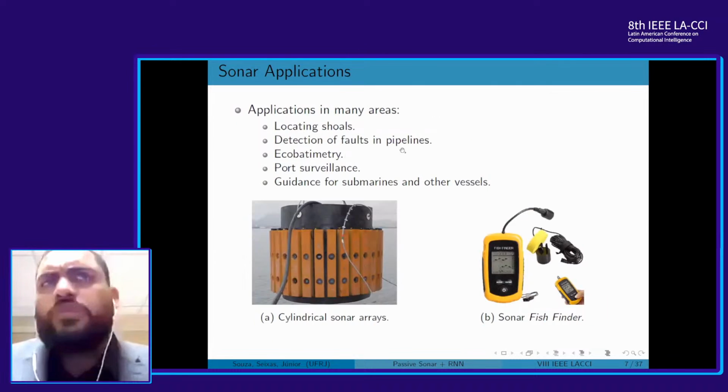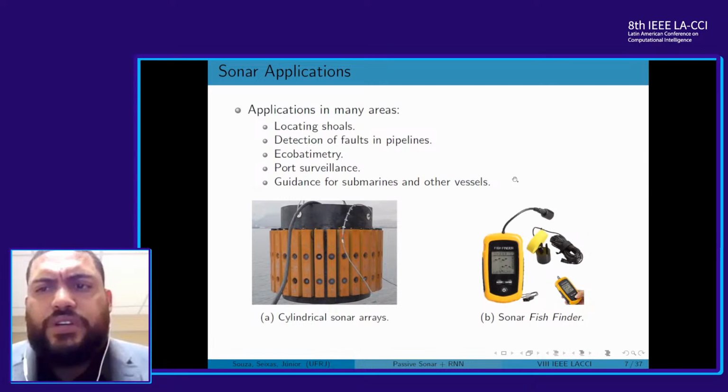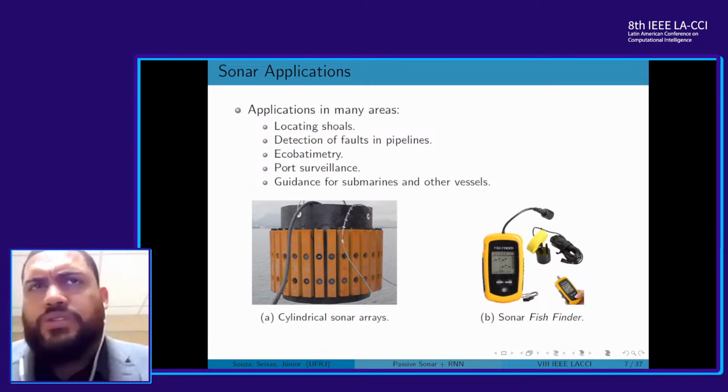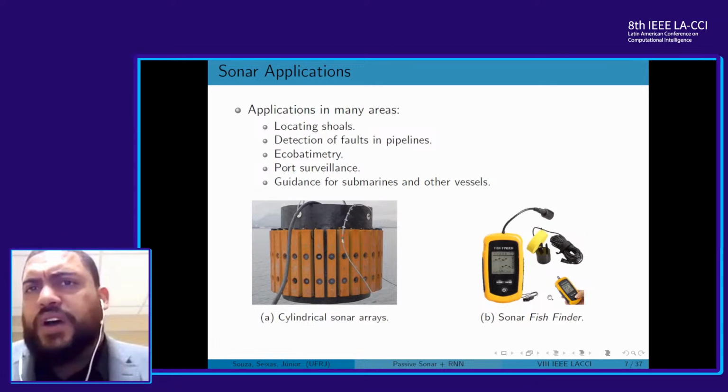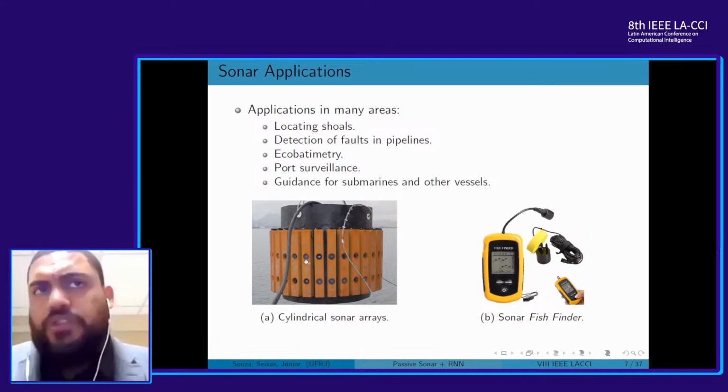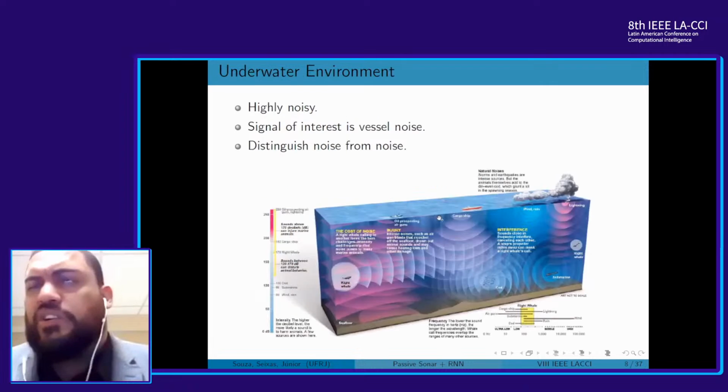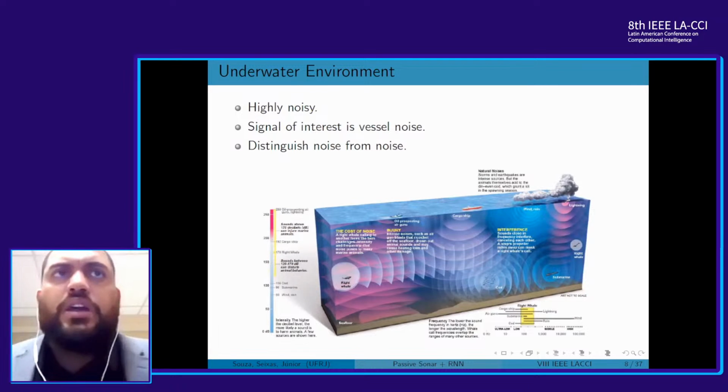We have different applications of these passive sonar systems: detection of faults in pipelines, ecobathymetry, port surveillance, and guidance for submarines and other vessels in the sea. We also have fish finders for civilian applications, but we also have military applications that are very important. So this technology is very widely applied.